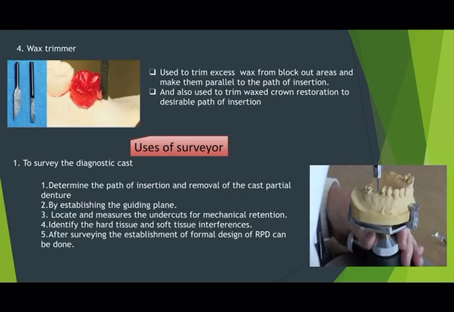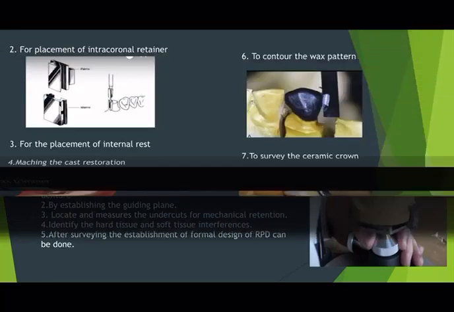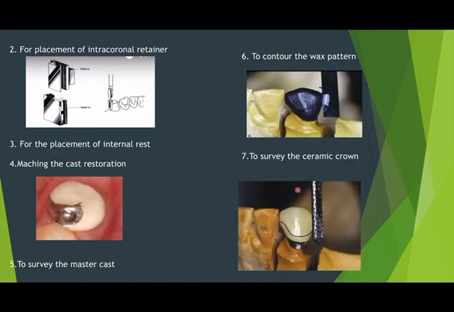It determines the path of insertion and removal of cast partial denture by establishing the guiding plane, and locates and measures the undercut for mechanical retention and identifies the hard tissue and soft tissue interferences. After surveying, the establishment of the formal design of RPD can be done. It is used for the placement of intracoronal retainers, for the placement of internal rests, for machining the cast restoration, to survey the master cast, to contour the wax pattern, and to survey the ceramic crowns.